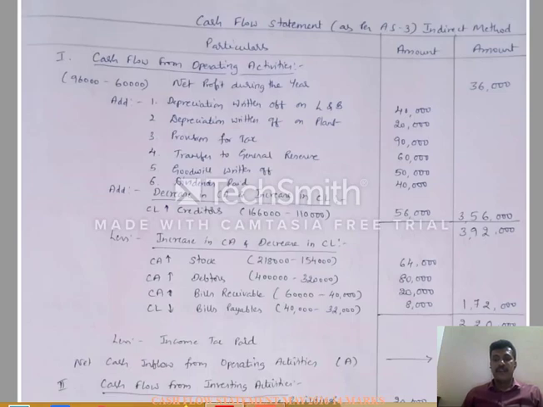From 3,92,000 we have to deduct 1,72,000, and the resulting balance we are going to get is 2,20,000. Then we have to deduct income tax paid by the company, that is 70,000, and the remaining balance we are going to get is 1,50,000. That should be considered as net cash inflow from operating activities. So here we have got positive value, therefore we have to consider it as net cash inflow.